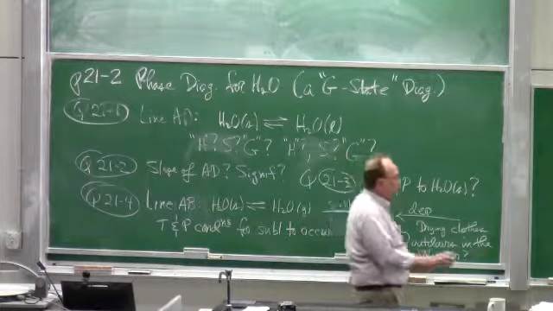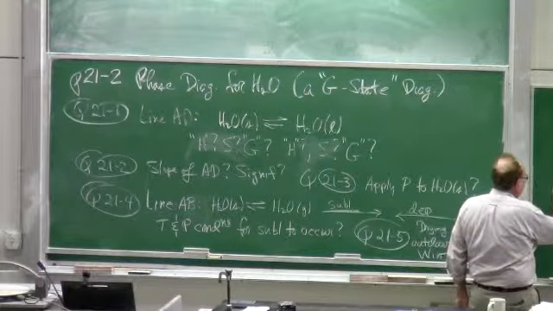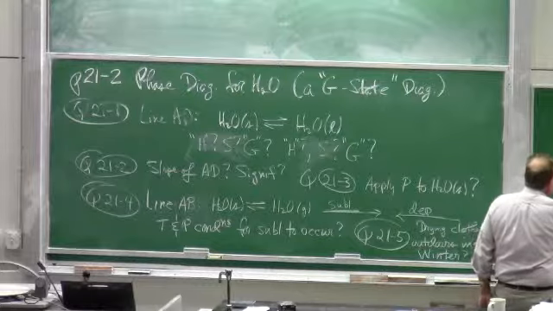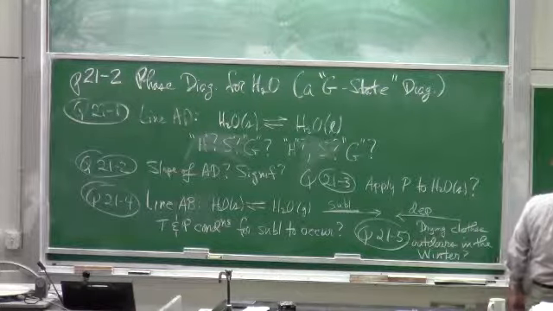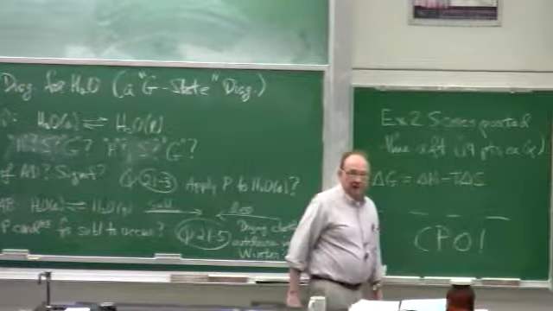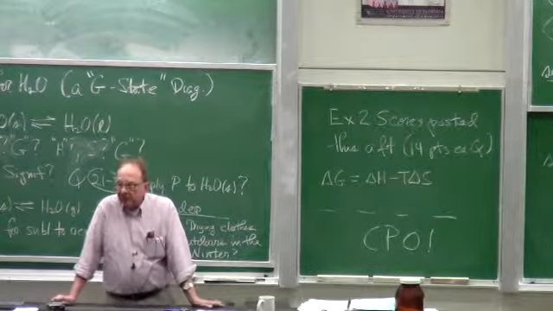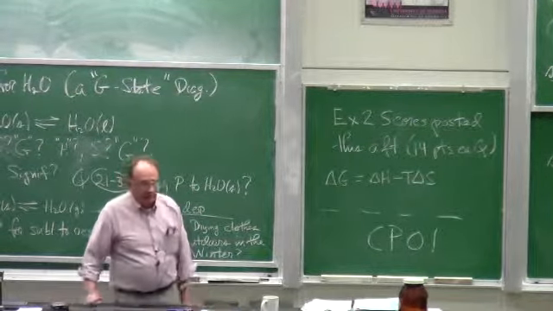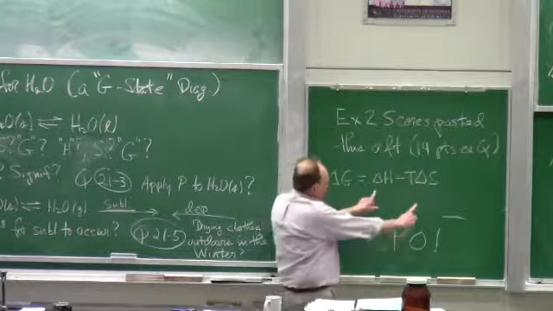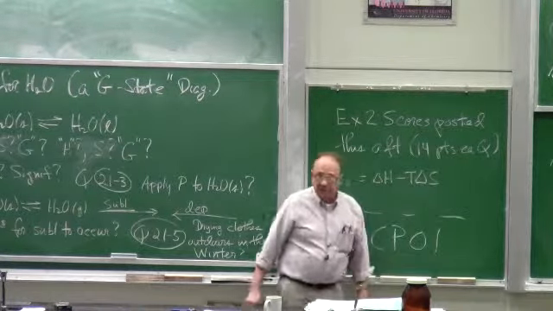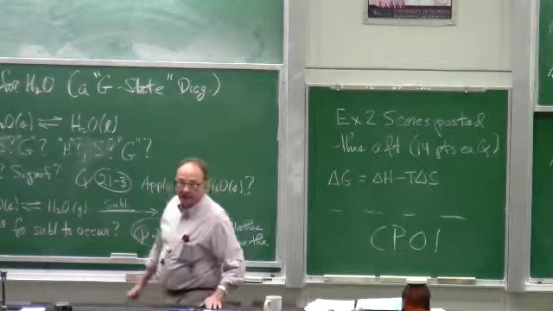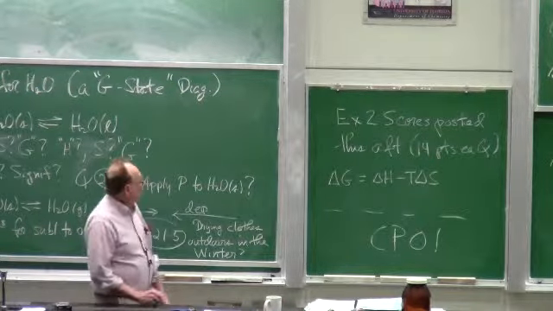Since, as we've already seen, this most important fundamental thermodynamic relationship demands that you recognize the dependence of delta G on these, which I refer to as the fundamental puzzle parts of thermodynamics.